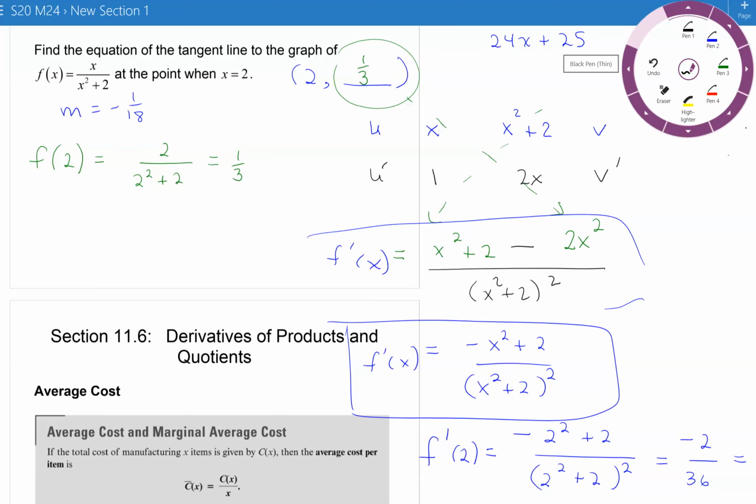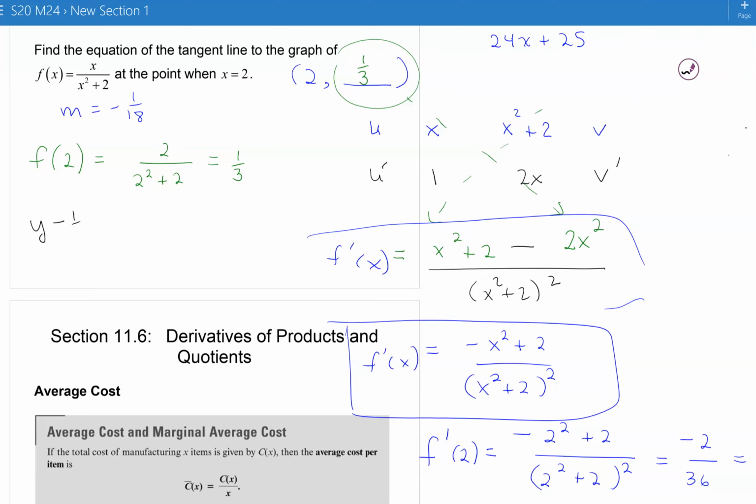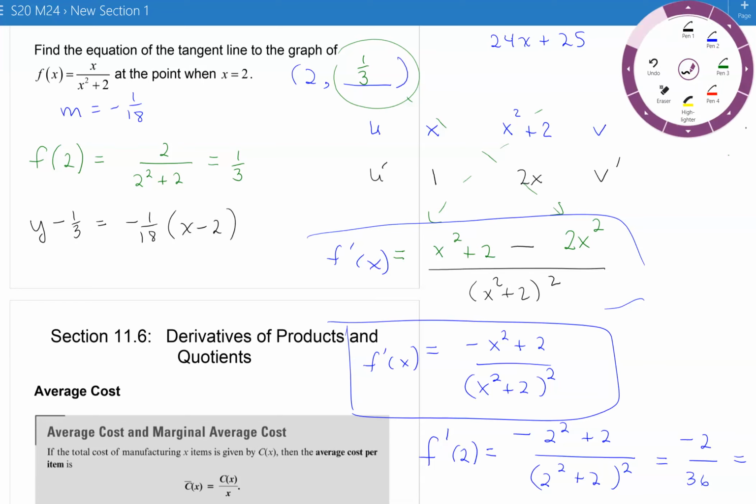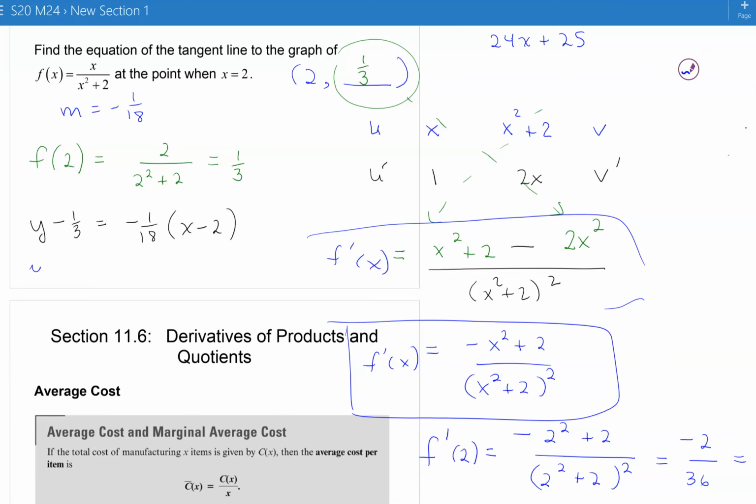So now I can write the equation of the line, y minus 1/3 equals negative 1/18 times x minus 2. And we can write this in slope-intercept form. Y minus 1/3 equals negative 1/18 x plus 1/9, and then add 1/3 to both sides.